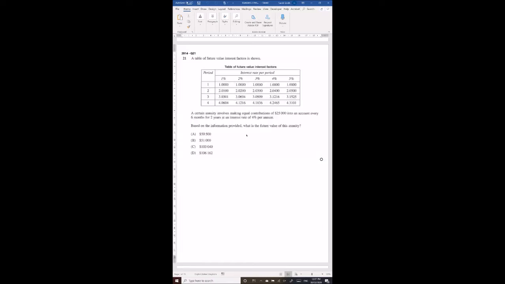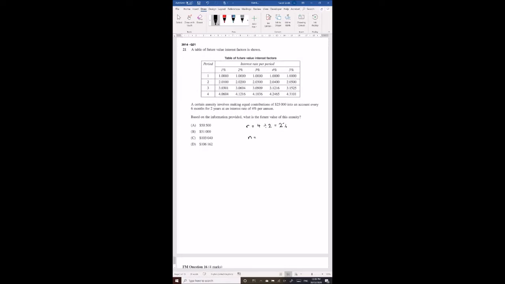So our rate is going to equal 4 divided by 2, which is going to be 2%, and our n equals 2 times 2, because there is 2 lots of 6 months per year, and that will give us 4 time periods.